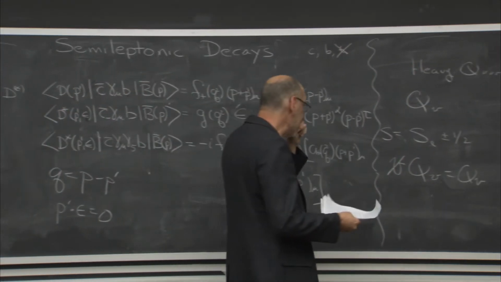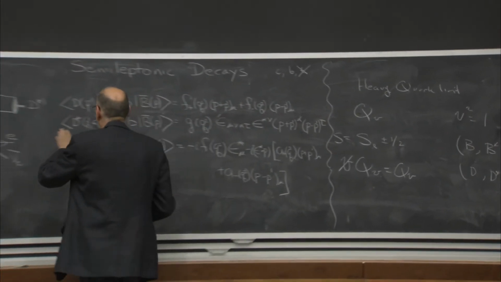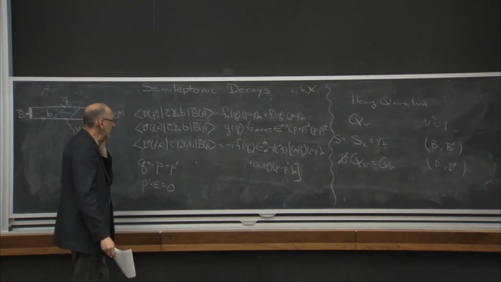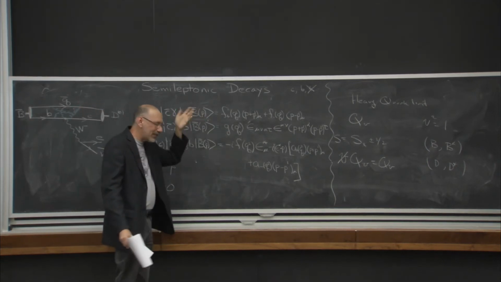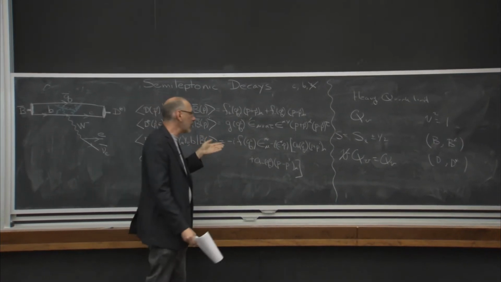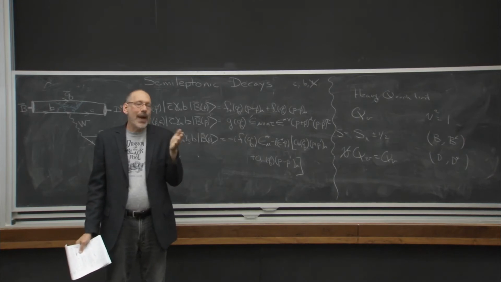So if I want to use heavy quark symmetry to try to make predictions for these matrix elements, there's probably a better way to convey the relevant physics, because, for example, all these factors of momenta and q squared, they all involve the heavy quark masses.